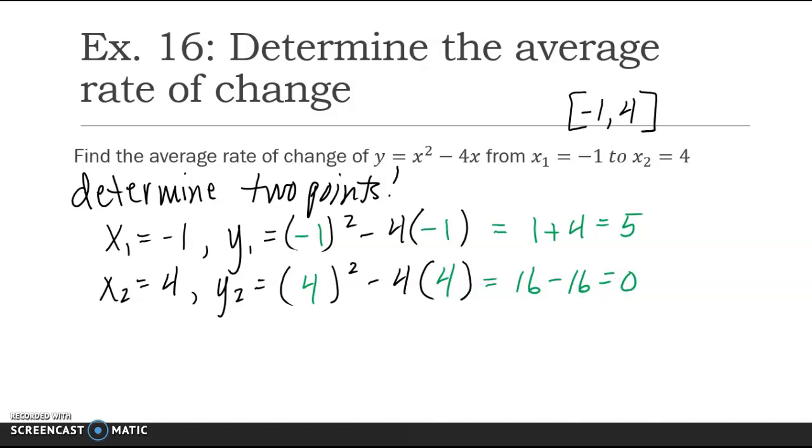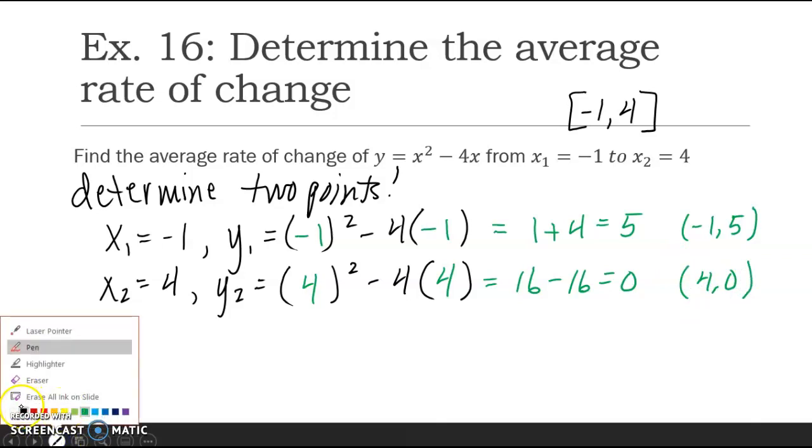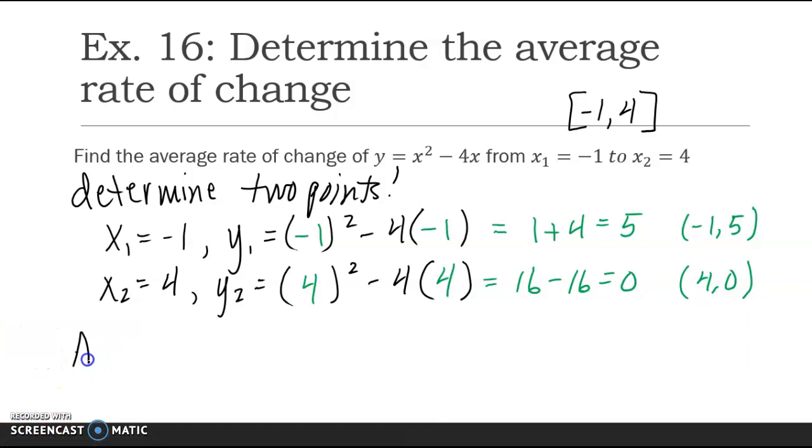So what are my 2 points? (-1, 5) is my first ordered pair. (4, 0) is my second ordered pair. So what's my average rate of change? Change in my y value over the change in my x value.